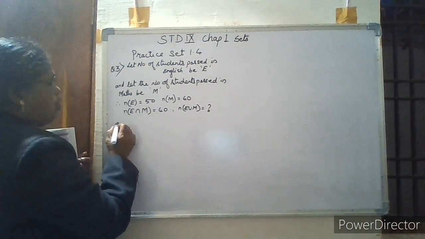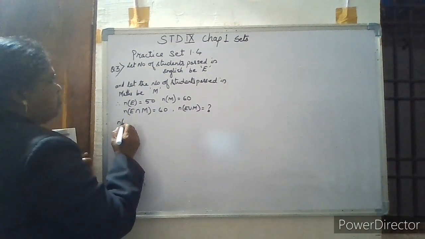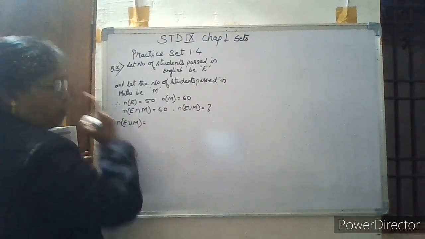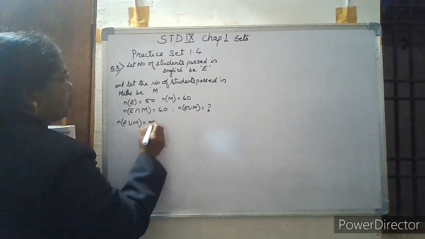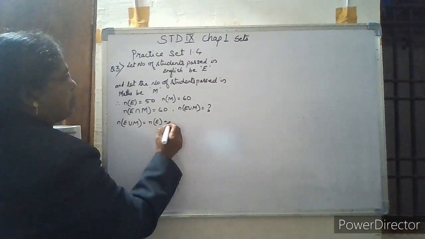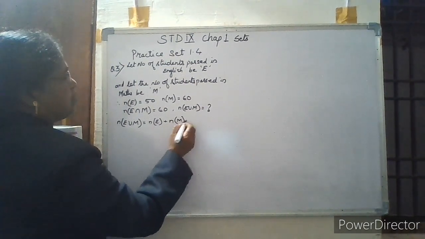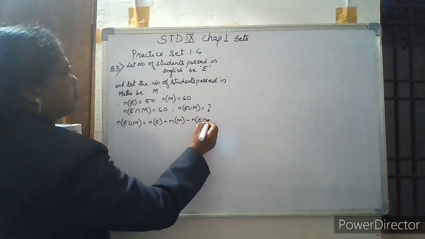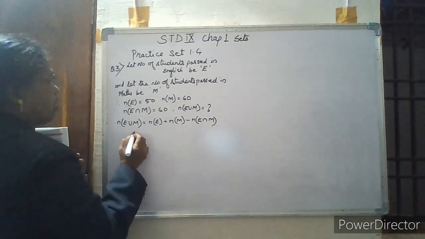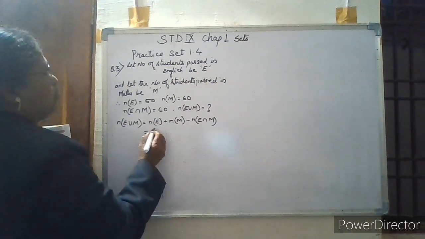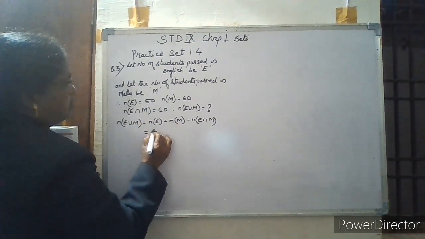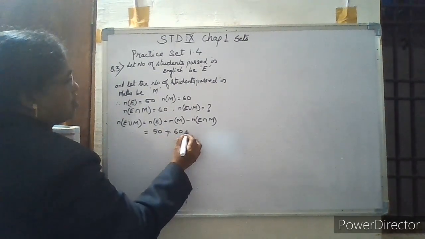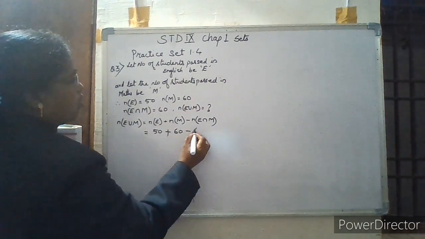So, we know the formula, that is number of students of E union M is equal to number of students of English plus number of students passed in maths minus number of students who passed in both, E intersection M. So here union we don't know, but we know number of students of English, that is 50, plus number of students of mathematics, 60, and this is 40 given.